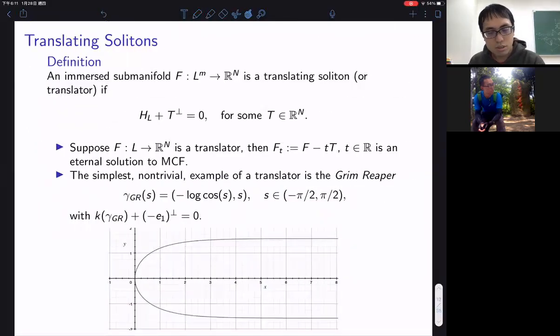Okay, so I think the simplest non-trivial example of a translator is the so-called Grim Reaper. This is just what we have seen in the previous slide. It is defined by this parameterization. It is a graph over this y-axis.